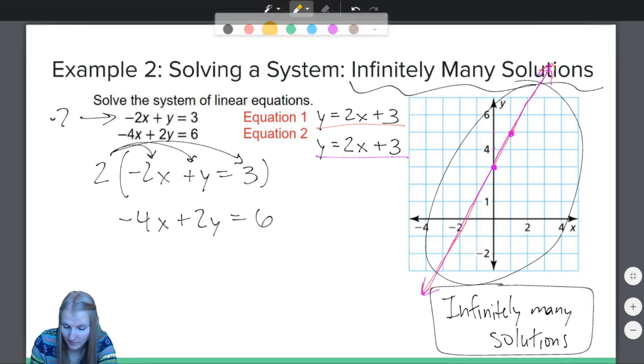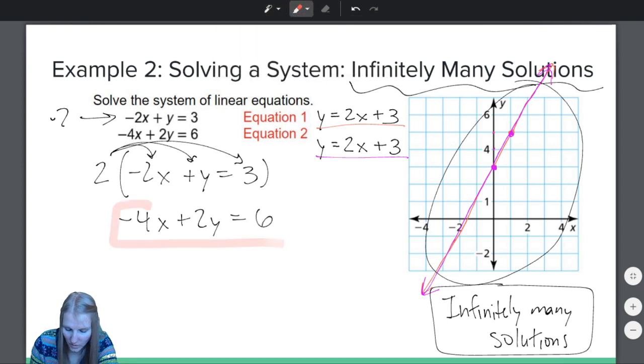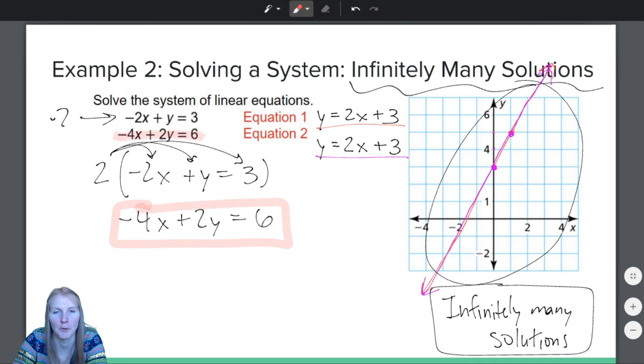And look at that. What I just got is the exact same as equation number 2. So equation 1 is the same as equation number 2. It's just been divided by 2, basically. If I take equation number 2 and I divide it by 2, I get equation number 1.